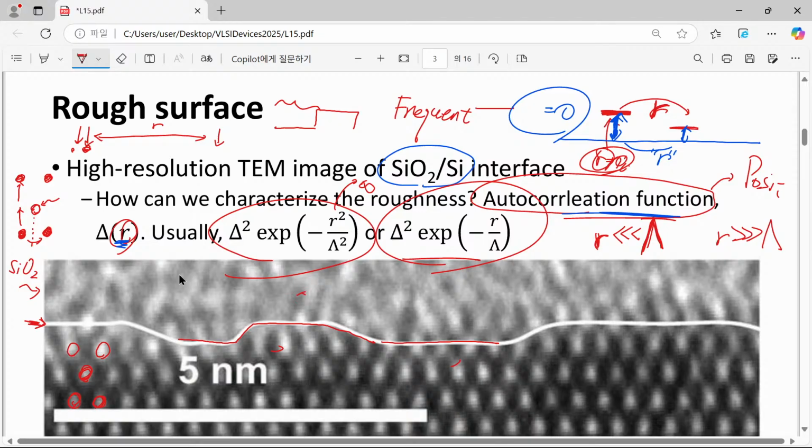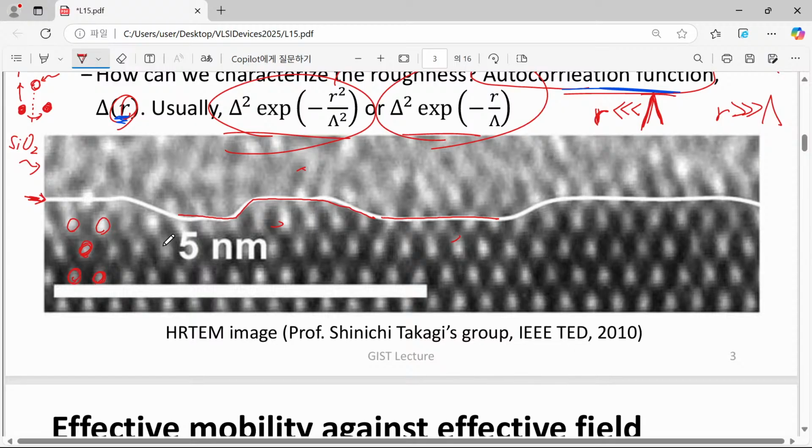Experimental data is taken, and in order to describe their shape, sometimes researchers try to fit their result with Gaussian or exponential, but it depends on your data. Anyway, it is certain that there really exists roughness between silicon and silicon dioxide.